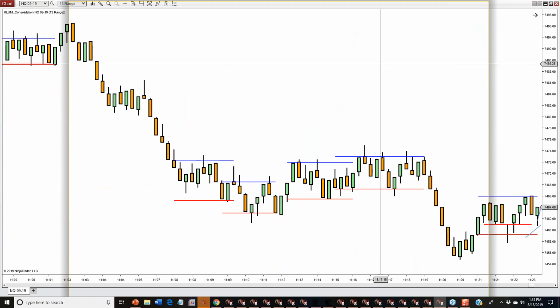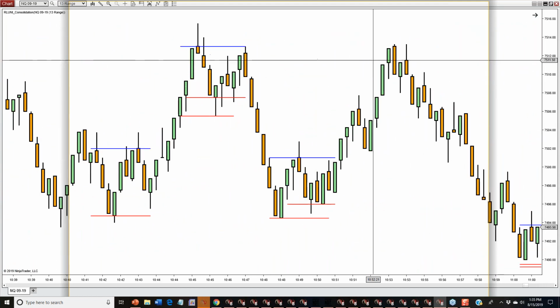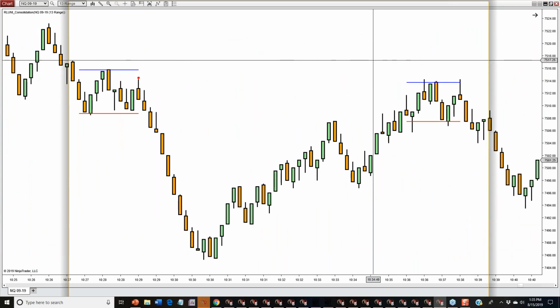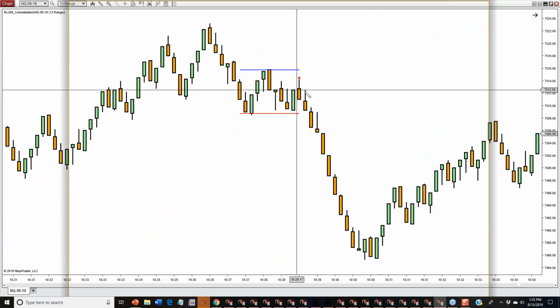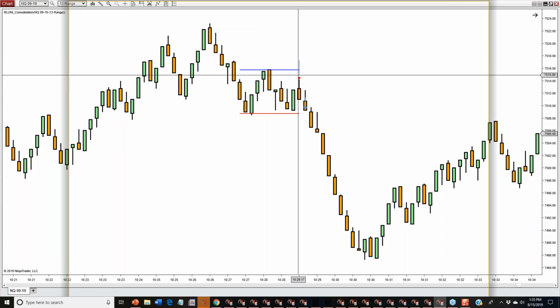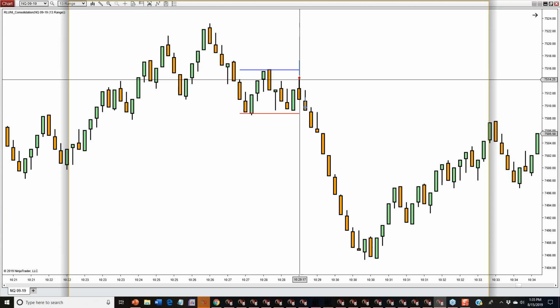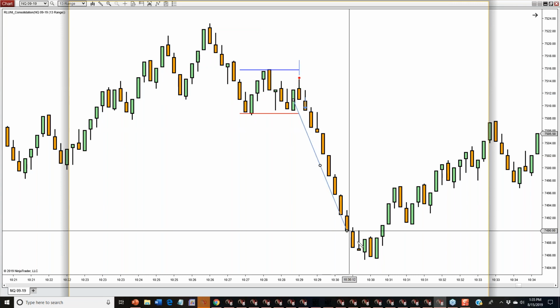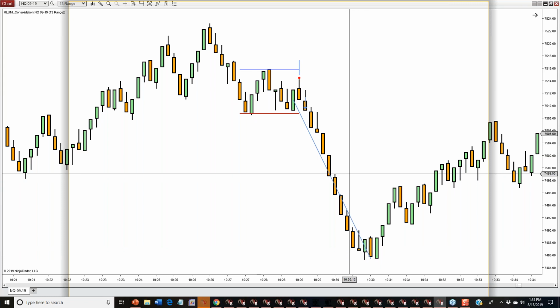What I'm going to do is change, we can look at a few more. Now, here's a break, and you see that red dot? That's a short signal. And no matter where you get that, that tells you you're going to get that break to the downside.